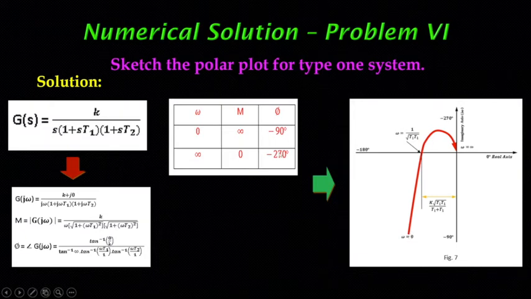Then minus 90 move and crosses minus 180 degree axis and finish at minus 270 when omega equal to infinity and magnitude is 0. So magnitude decreases from infinity to 0. The plot and this 90-degree axis cannot touch because we cannot draw the infinity magnitude.